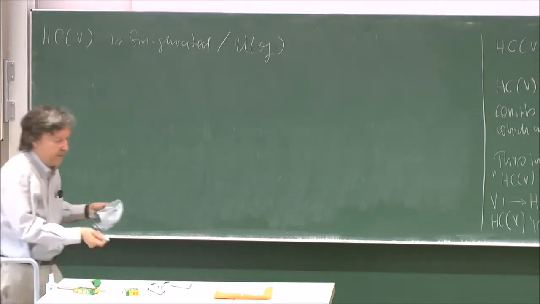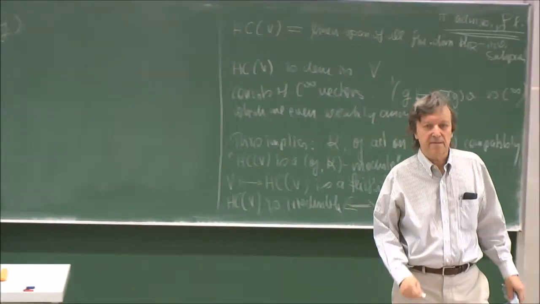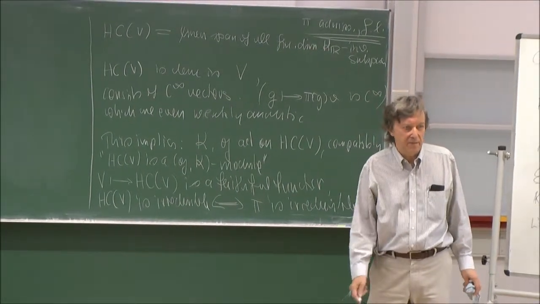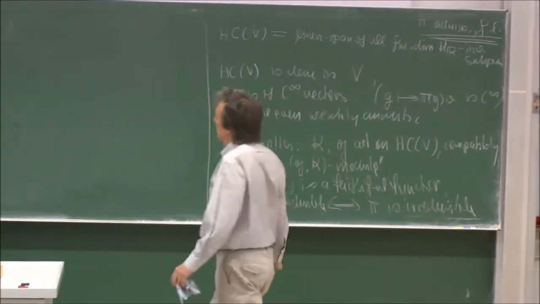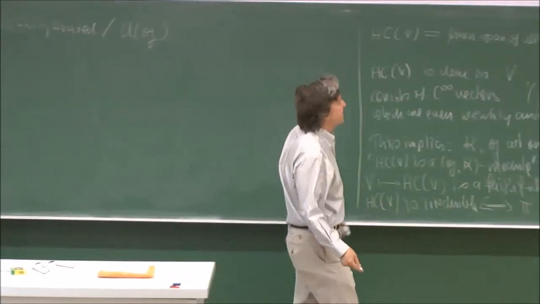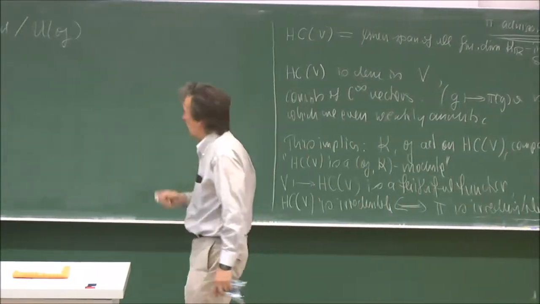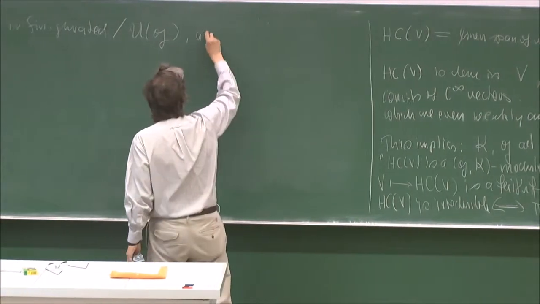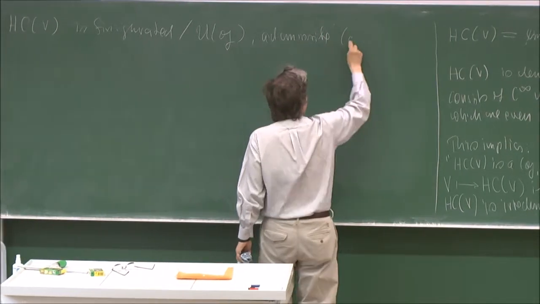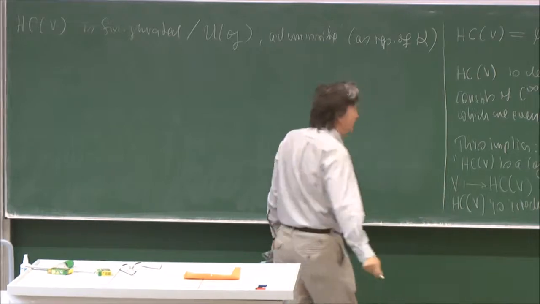If one has a representation of the algebra, then of course the representation space has the structure of a module over the universal enveloping algebra. So it is finitely generated over U of g. That is a reflection of the finite length property, and it is admissible as a representation of K. So it's a (g,K) module.